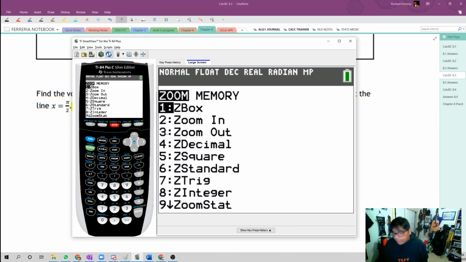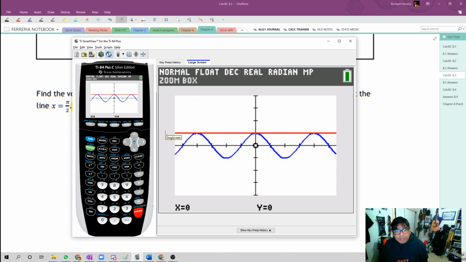In this case, I'm going to use zoom box because I don't feel comfortable right now picking those numbers, and this is just a quick way of doing it.